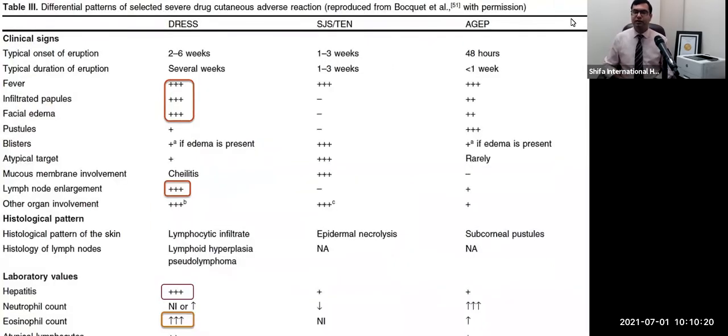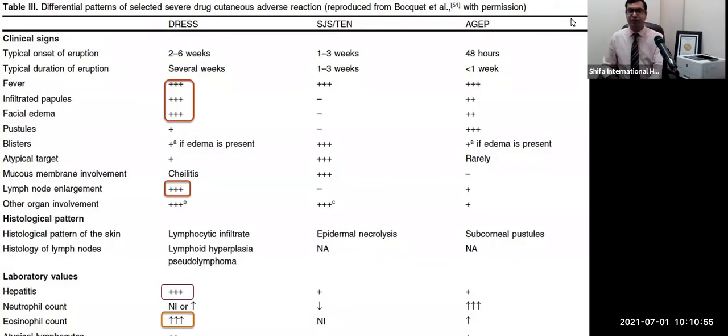Now, this is the differential or the criteria or differential patterns between the three conditions. You can see DRESS or drug hypersensitivity is of longer duration. Typical onset is in a few weeks rather than days like in AGEP. And again, fever, which is common between all the three conditions we are comparing here, but infiltrated papules. So the skin itself is significantly infiltrated once you examine the child.